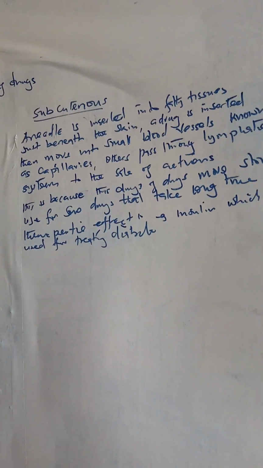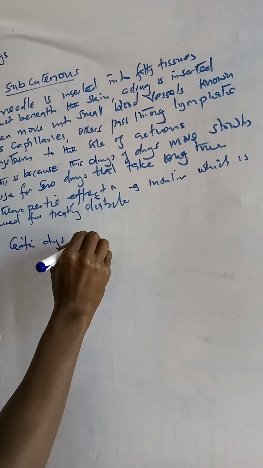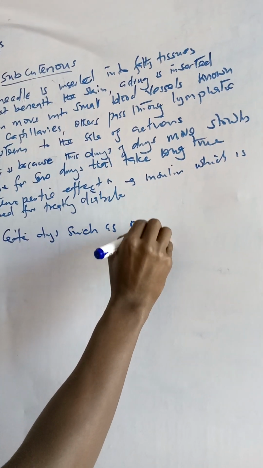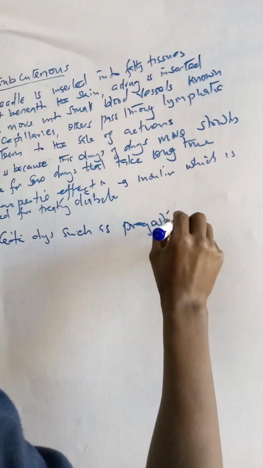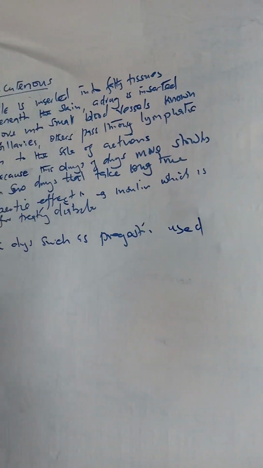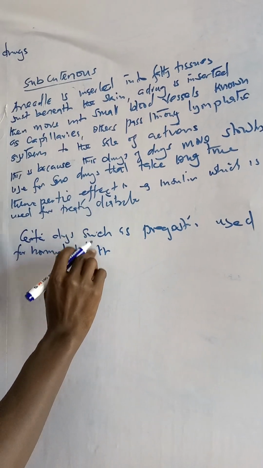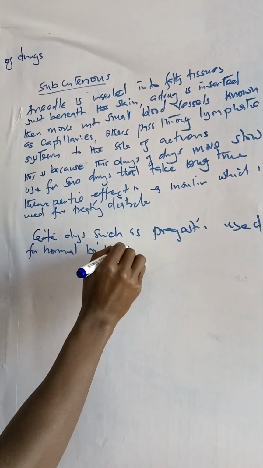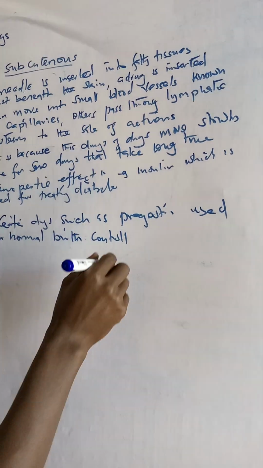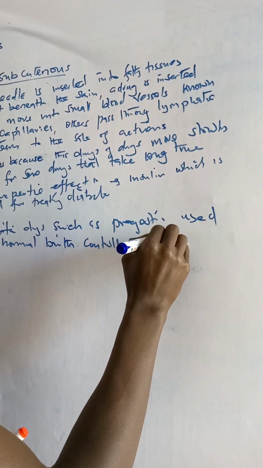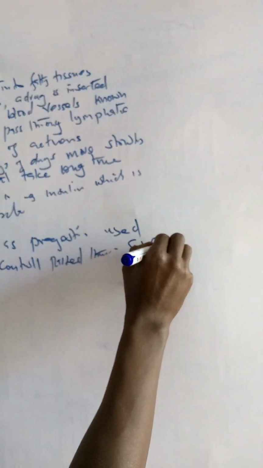Certain drugs such as progestins, like progesterone, which is used for hormonal birth control, are also passed through subcutaneous.